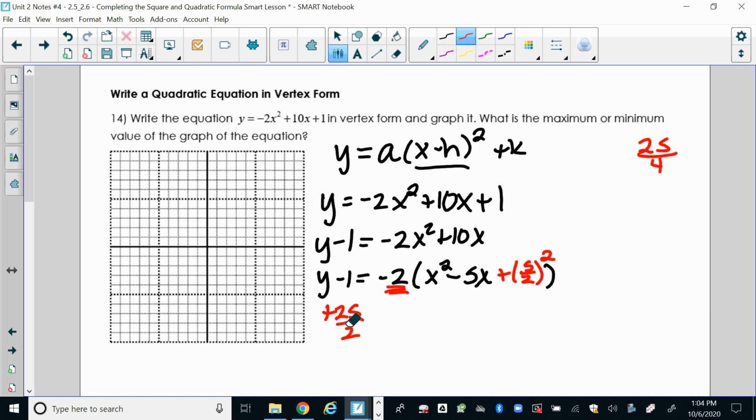So we're going to add that to both sides. Sorry, -2 times that. So actually we added a -25/2, not a positive, because we multiplied that by -2.